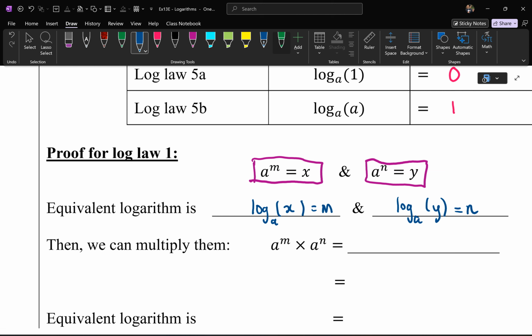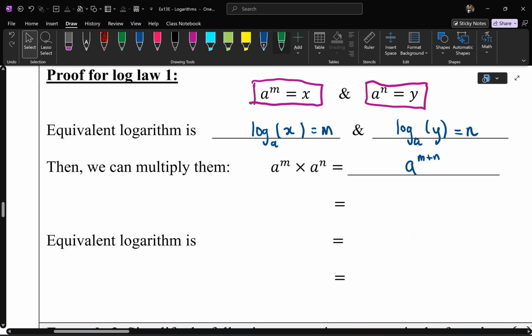Now let's multiply them together. We know that in index laws, if you have the same bases and you multiply them together, you add the powers, so it's A to the power of m plus n, right? What's interesting is that when you say A to the m times A to the n, A to the m is equal to x, and A to the n is equal to y.